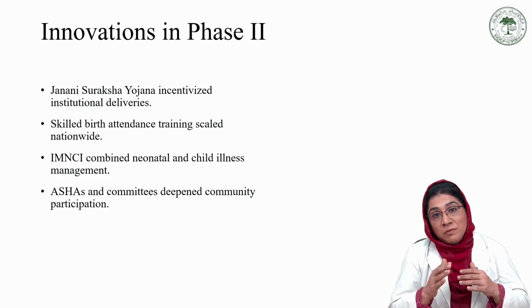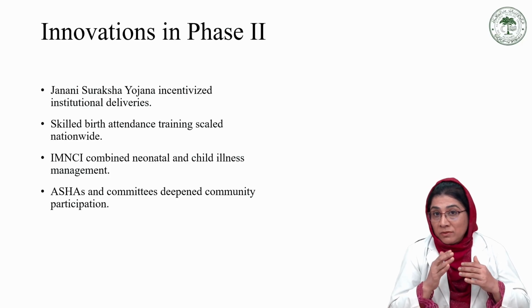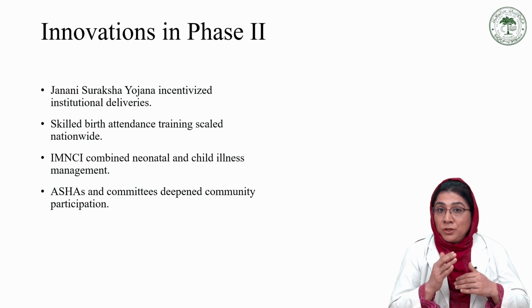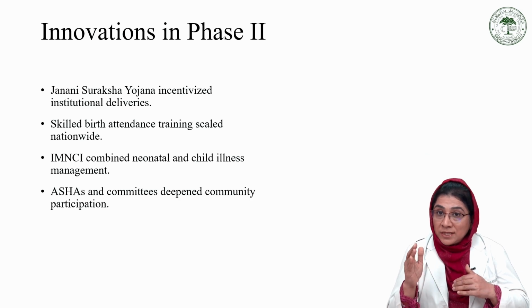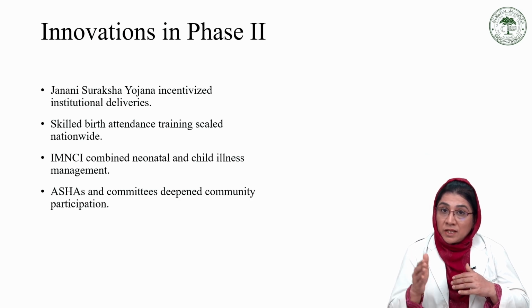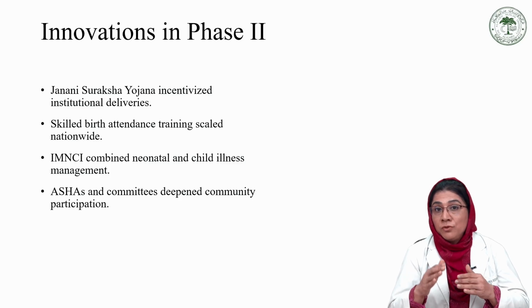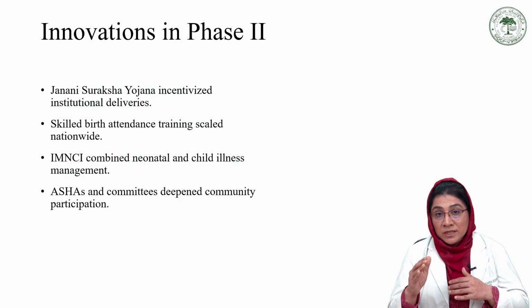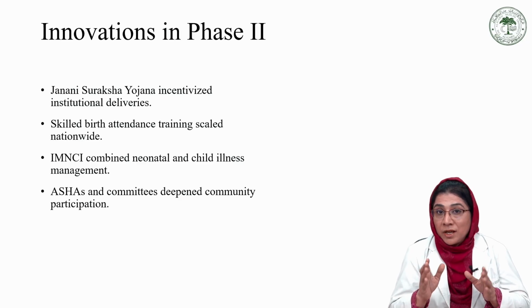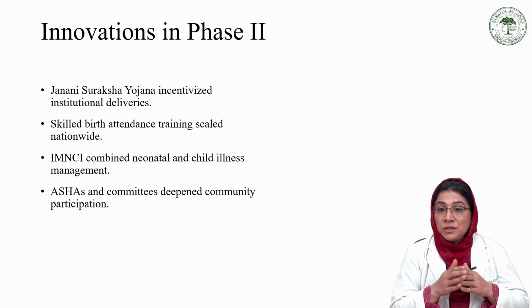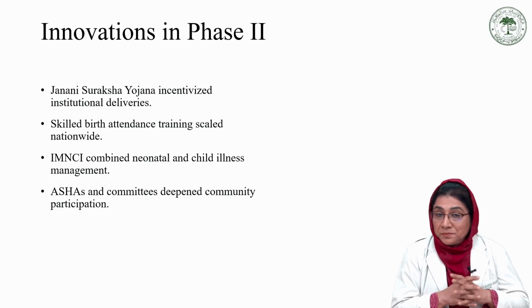The poor females had to be given money incentive. They took them to the institutional delivery site. ASHAs were given financial incentives for making the female go for institutional deliveries. So the graph of institutional deliveries significantly improved after this implementation of Janani Suraksha Yojana.